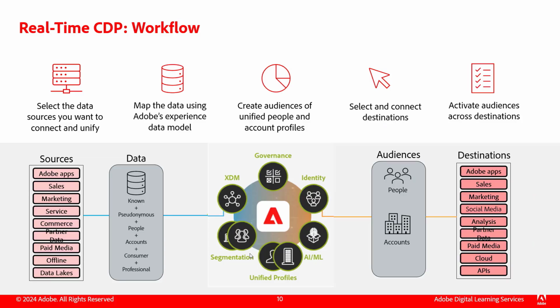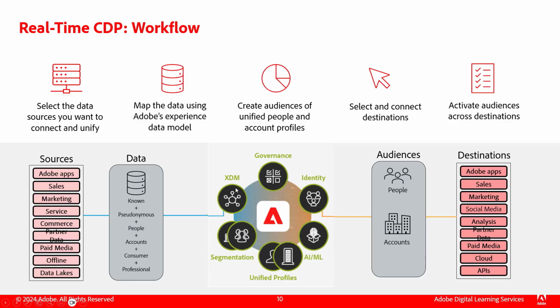Now, a typical real-time CDP workflow looks like this. You are able to select the sources you want to unify. From these sources, you will identify all the entities whose information you want to centralize to create a unified view, and then you will map the data using the Experience Data Model modeling system.